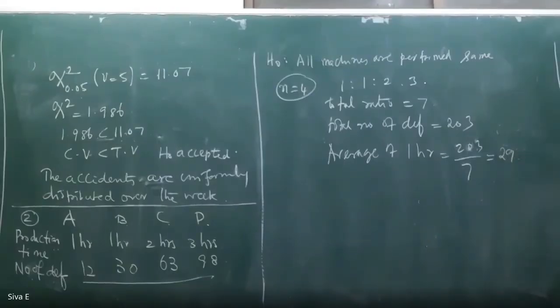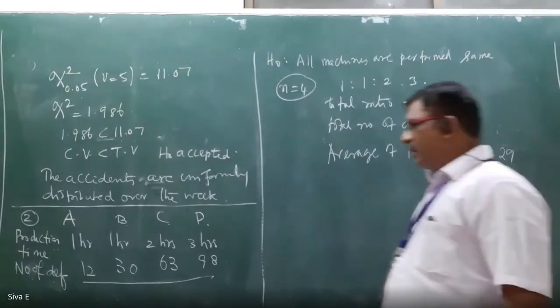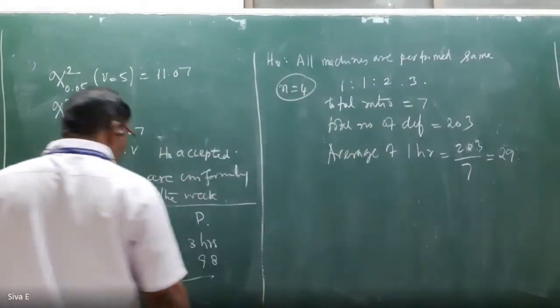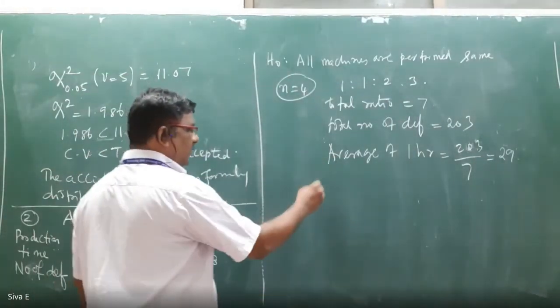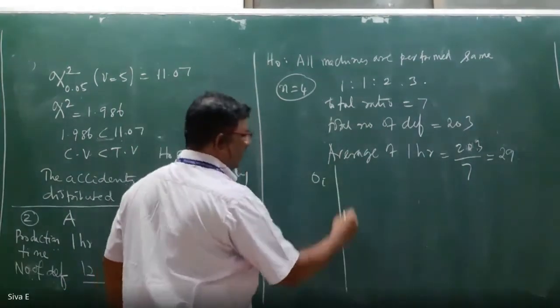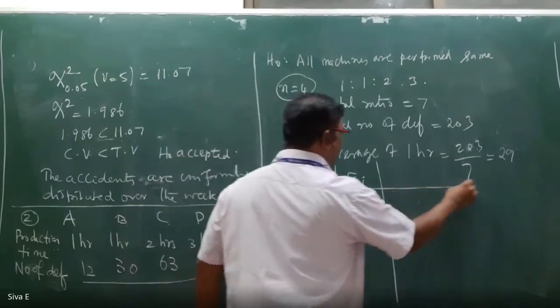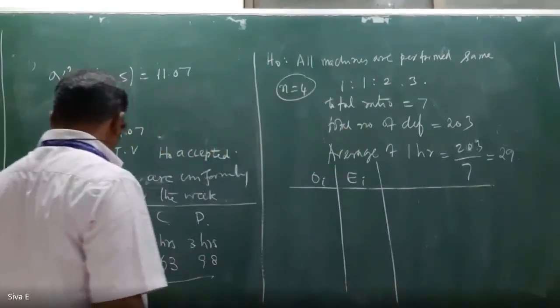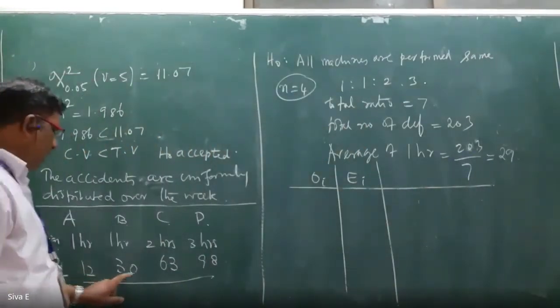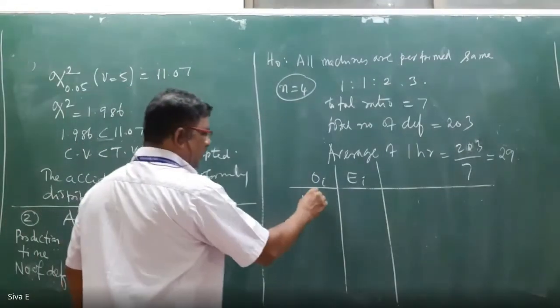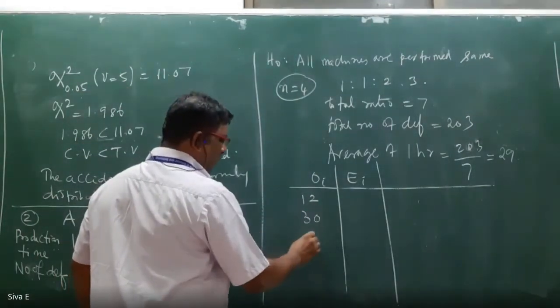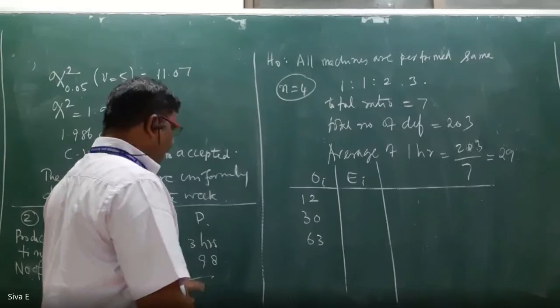So for 1 hour the average is 29. Therefore, we can write the expected frequency like this: OI, EI. OI we can write easily. The given values are 12, 30, 63, 98.